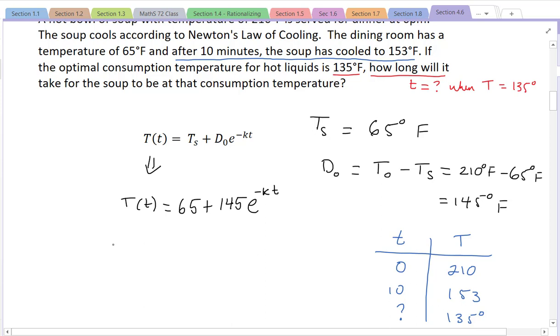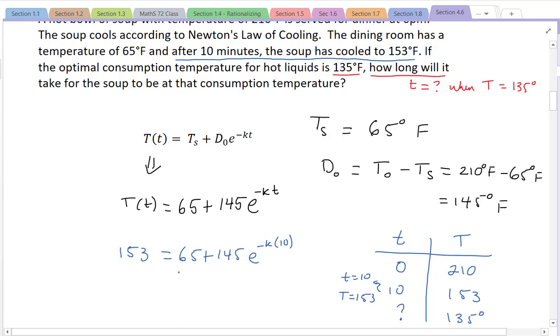So I know then 153 is equal to 65 plus 145 e to the minus k times 10. This tells me when t is 10, the temperature is 153, and we solve for k.